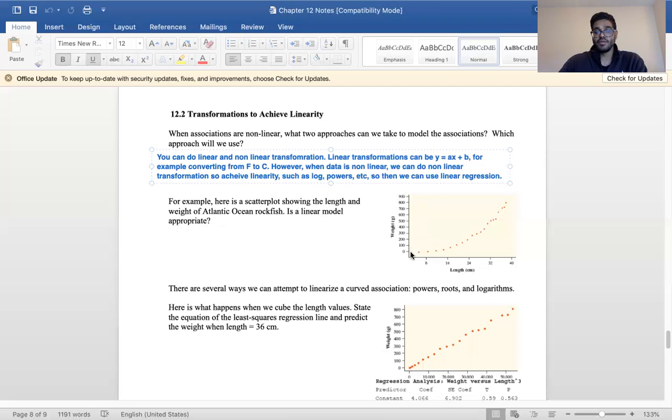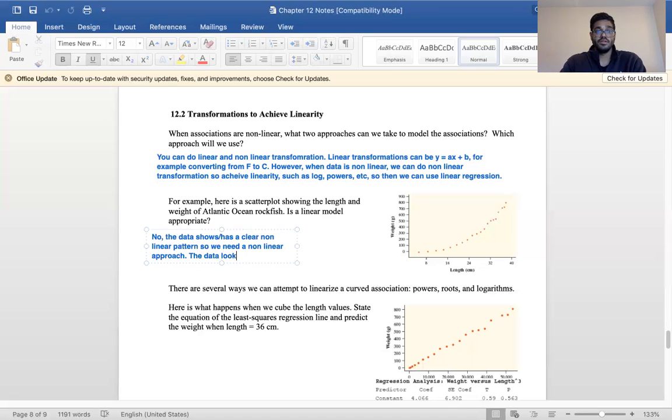So looking at this problem here, I just talked about it. Is the linear model appropriate? Probably not, just because we see this pattern here. So no, the data shows a clear non-linear pattern. So we need a non-linear approach.